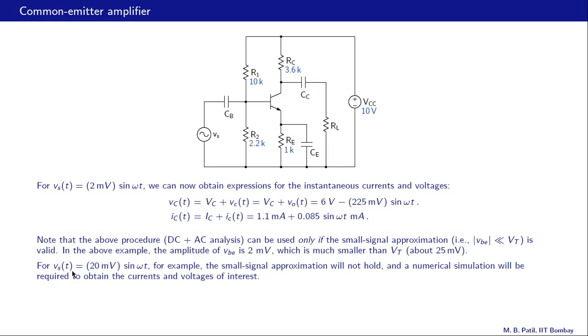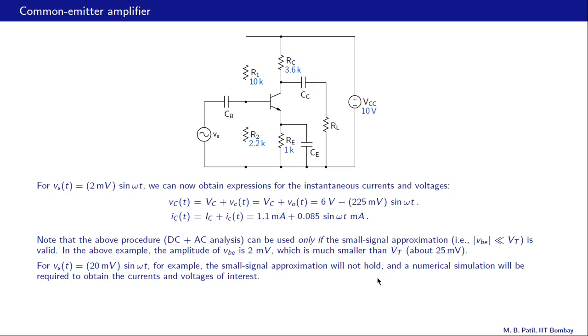If Vs was made larger, let's say an amplitude of 20 millivolts, which means the amplitude of VBE also would be 20 millivolts in our circuit, then the small signal approximation will not hold, and our procedure of separate DC and AC analysis is not valid anymore.